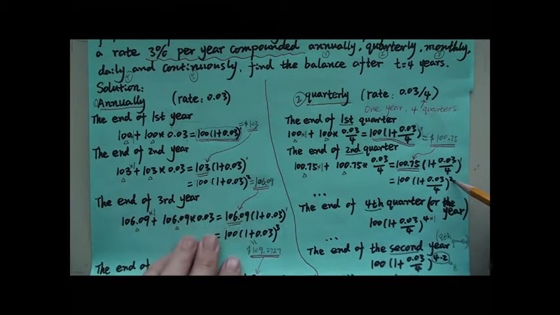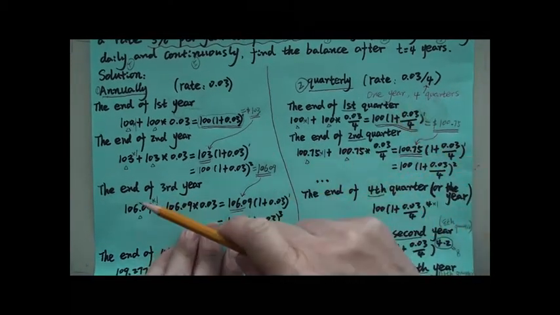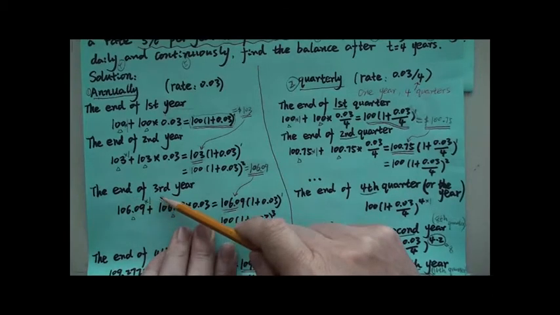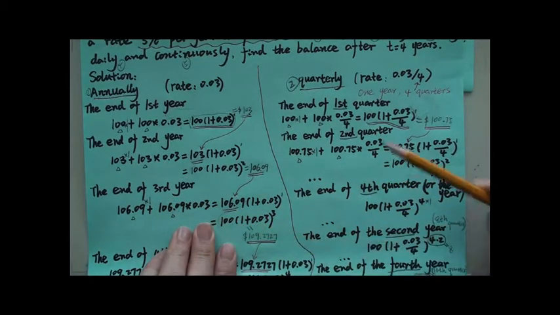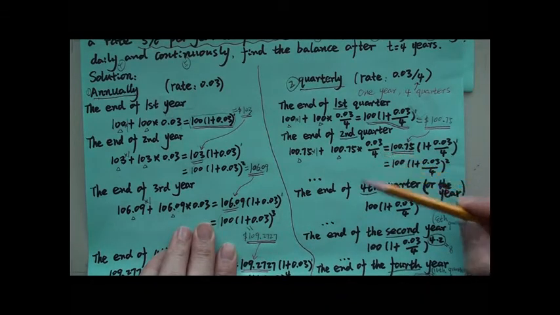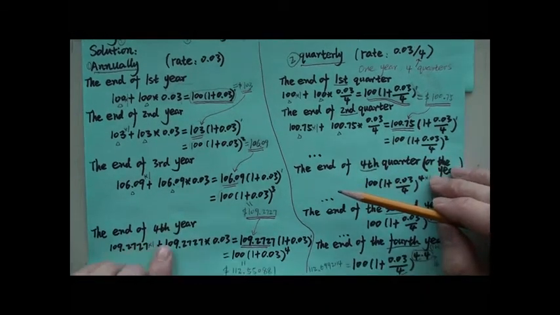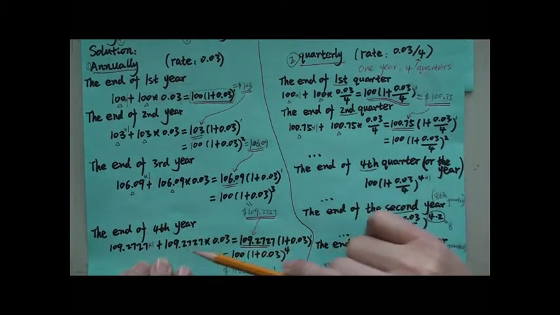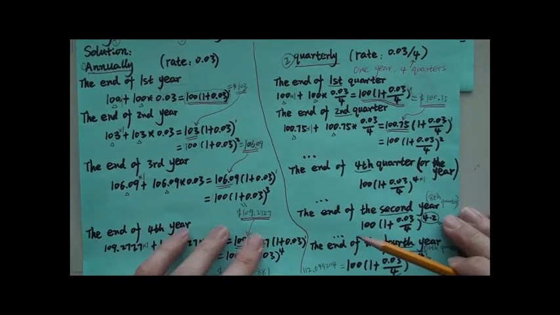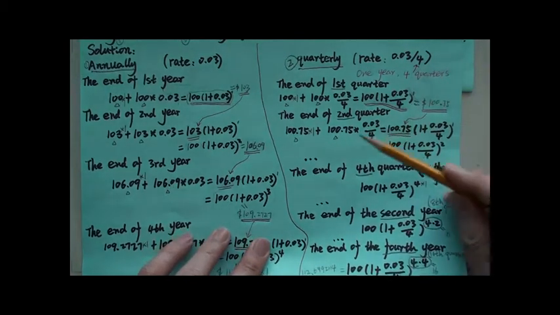You can do the end of the third quarter, a similar pattern as we did here. But at the end of the fourth quarter, you can do something like this, similar to this one. So I will skip the details.